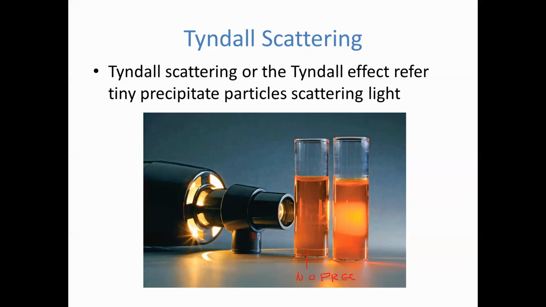And the one with no precipitate, the light passes right through. But for this one right here, you notice it looks sort of foggy. When that light hits the fluid here, we see the scattering of the light. And so that means that it's faint. It's a little hard to see with the naked eye, but with that bright light, we can clearly see the light scattering off the very tiny precipitate particles.